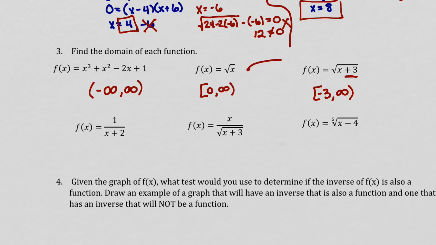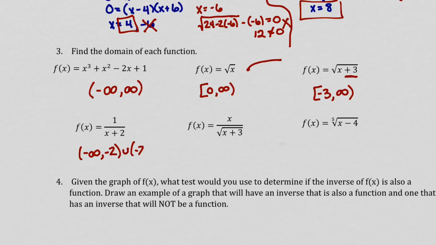And then 1 over x plus 2 is one of our functions that we've currently been working on in chapter 7. So it's a hyperbola, and it goes from -infinity to where x is -2. It does not equal -2 because there's an asymptote there.